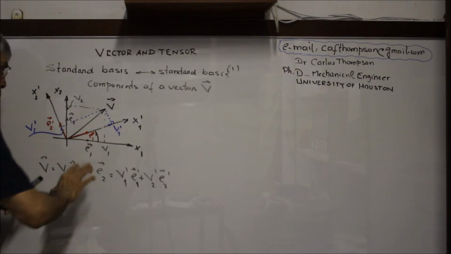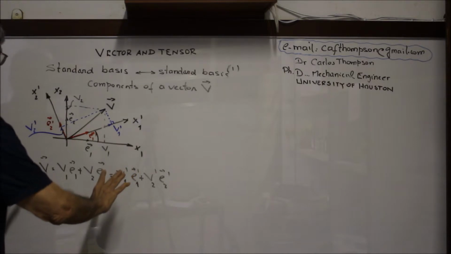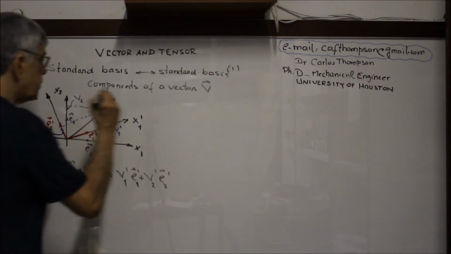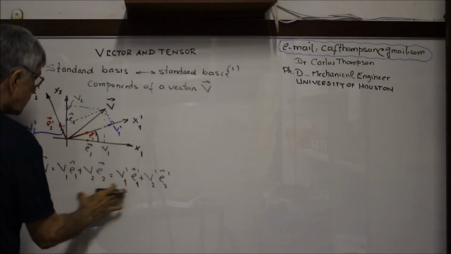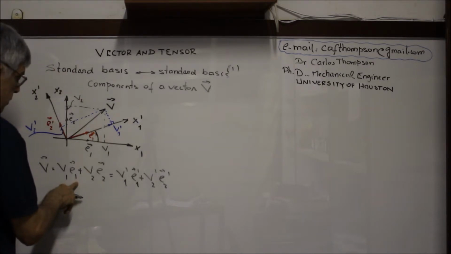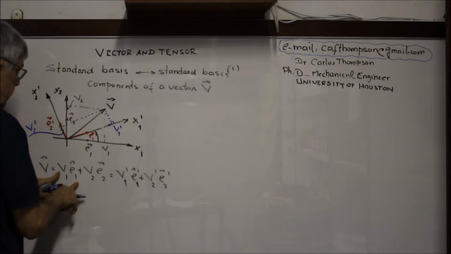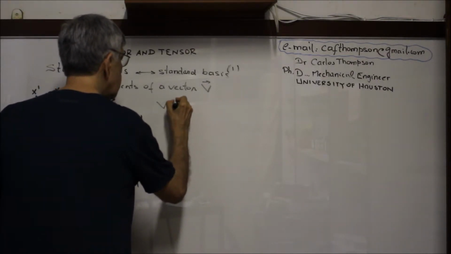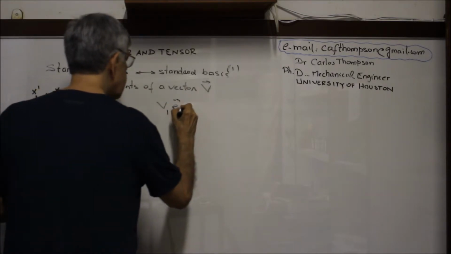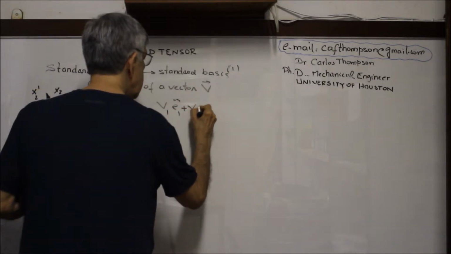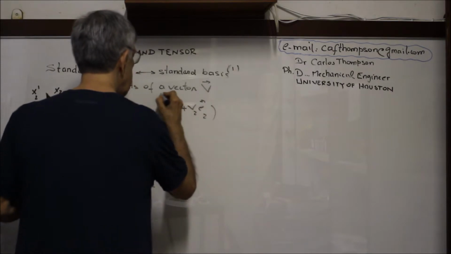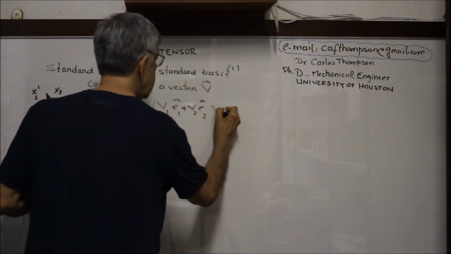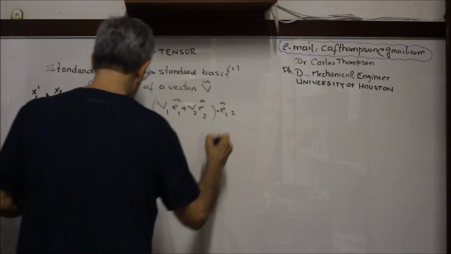Now, I'll do the same as I did before. Let's suppose I multiply both sides by E1, the dot product. Then I have here V1 plus V2 E2 dot E1 is equal.